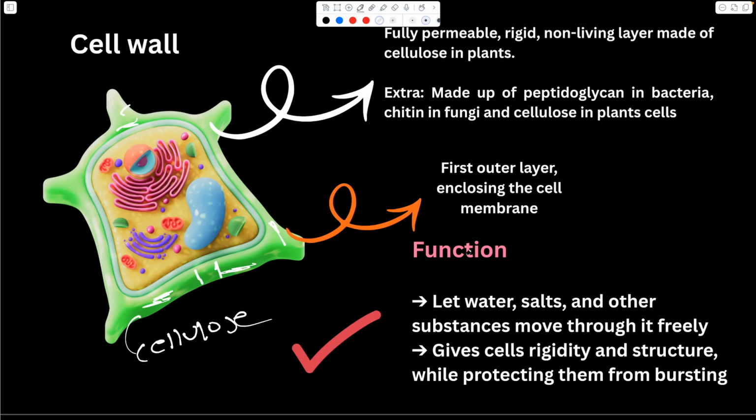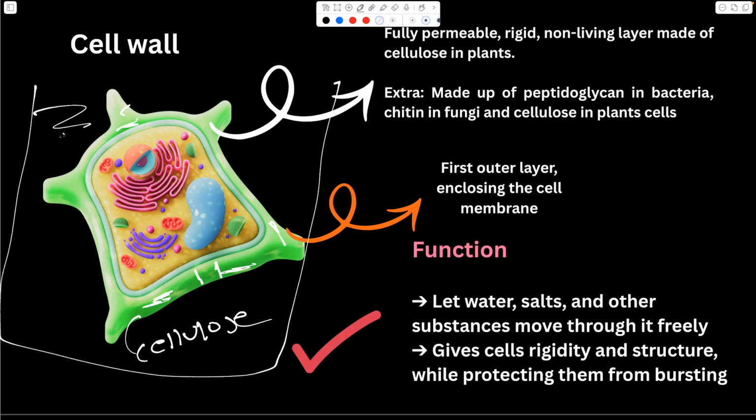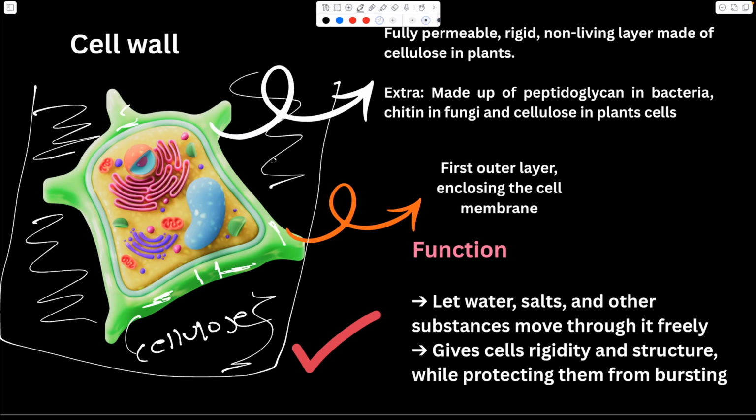What does that mean? For example, you put this plant cell in a beaker that has a lot of water molecules. So water molecules will move inside the cell, right? If they move inside, the cell starts to expand outward.